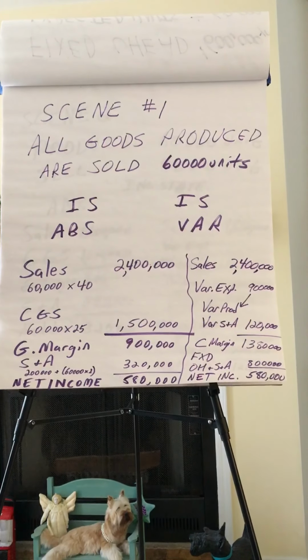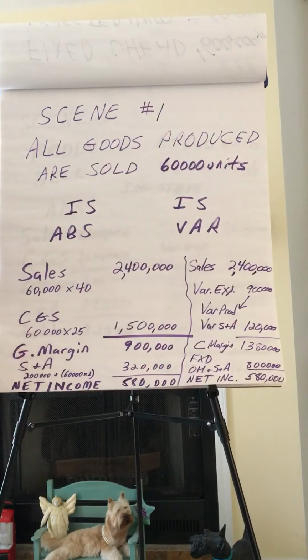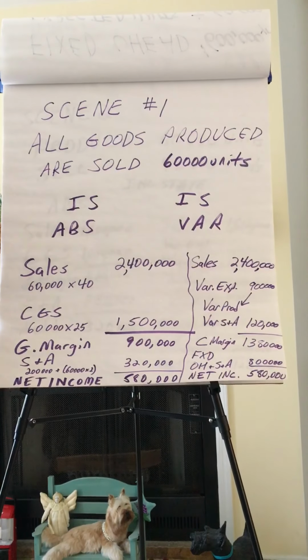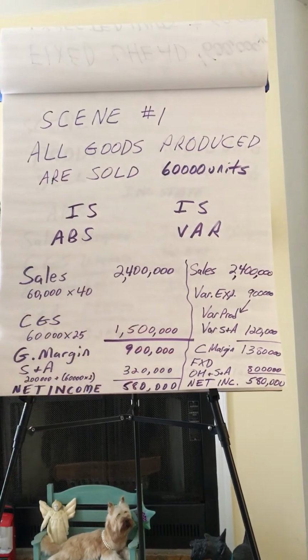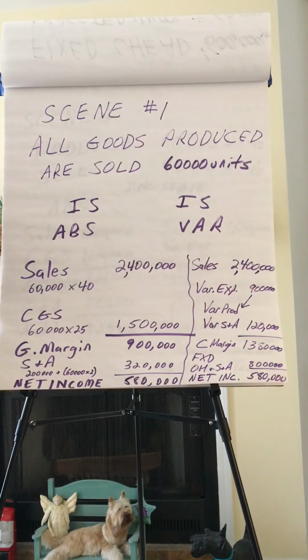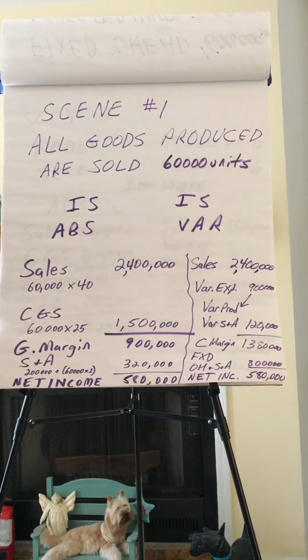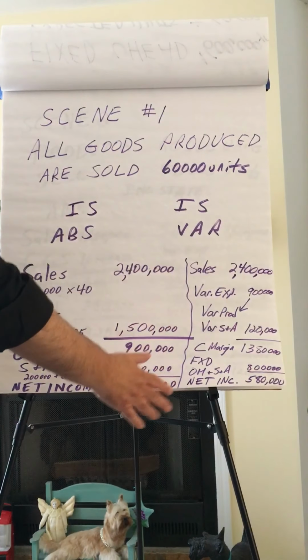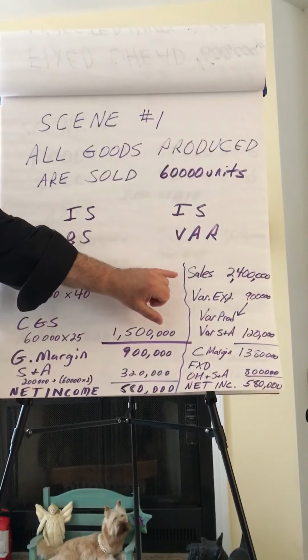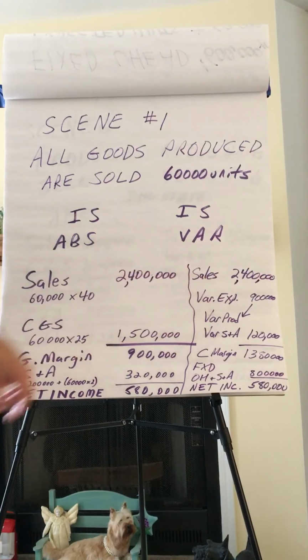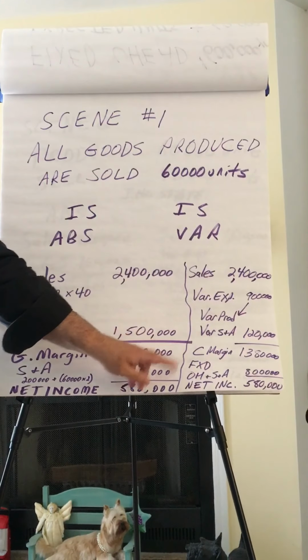And it's 580,000. And amazingly, not really amazingly, variable costing gets the same bottom line number for net income, because you produce 60,000 units, you sell 60,000 units. It shows it a little bit differently here. Variable up on top. Sales, of course, same. Variable part all up on top. Fixed part on the bottom.